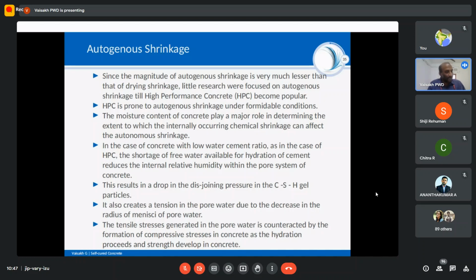The shortage of free water that is available for hydration of cement, and internal relative humidity, causes autogenous shrinkage in high performance concrete. This also creates tension in pore water because of the reduction in meniscus of pore water, and this all causes autogenous shrinkage.